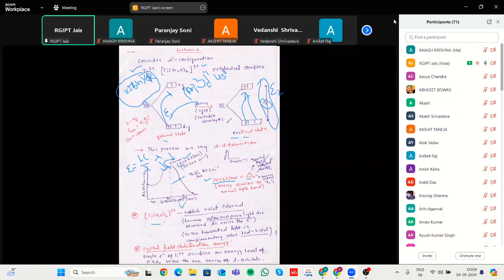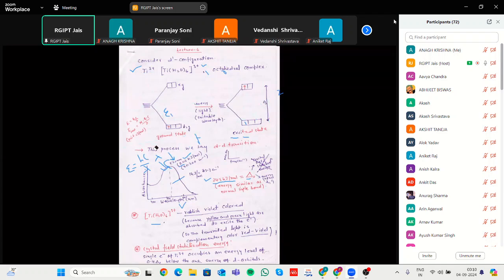After that, the next concept is the octahedral energy. But the overall energy of the process is known as CFSE. How do we calculate the CFSE? Here is the barycenter, the very center.